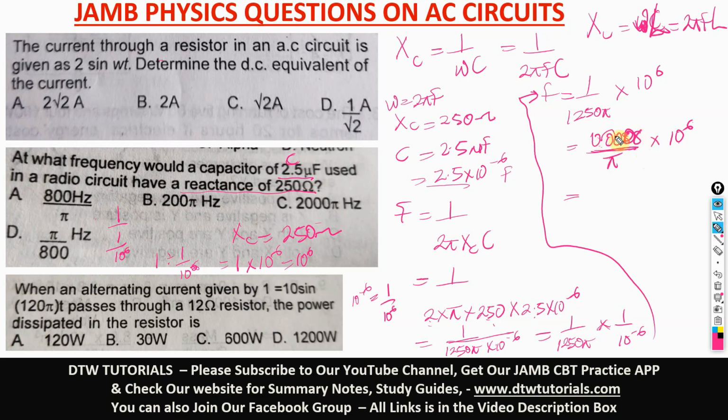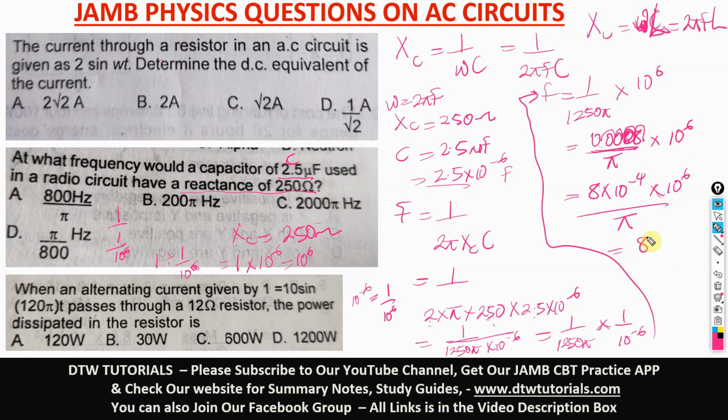So let's say we do 1, 2, 3, 4. So we have 8 times 10 raised to the power minus 4 times 10 raised to the power 6 over pi. So from here, we can easily resolve this power. So negative 4, this is times plus 6.